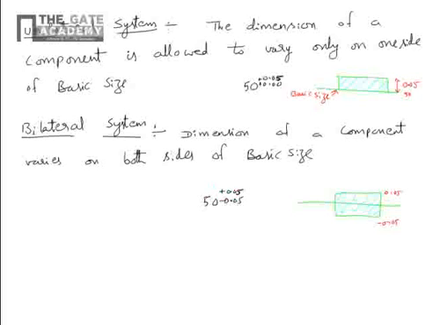So the total tolerance is 0.1 mm. So this shaft or whatever component is varying from 50 minus 0.05 to 50 plus 0.05. That's why this variation is on the positive side as well as the negative side of the basic size. That's why it is called bilateral system.